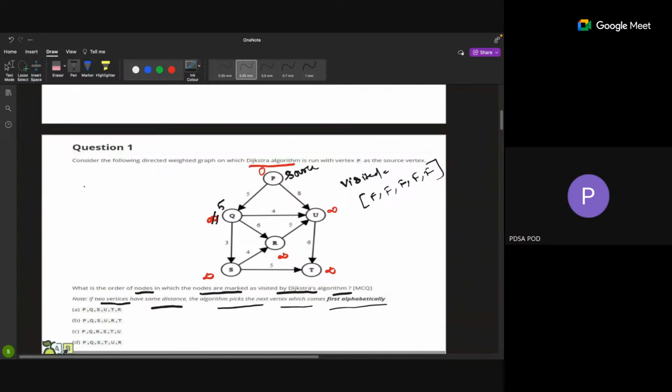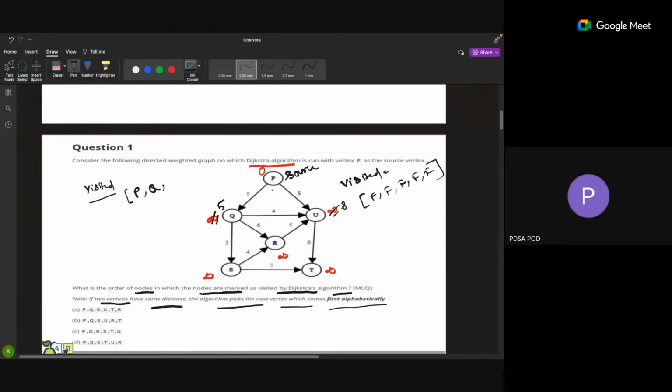Whenever you take the visited sequence, because they asked for the visited sequence, the first visited one is definitely P. Then out of Q and U, whichever has the lesser distance, it is Q. So definitely the next visited is Q. Am I right? Then after that, from P, another adjacent vertex is there.